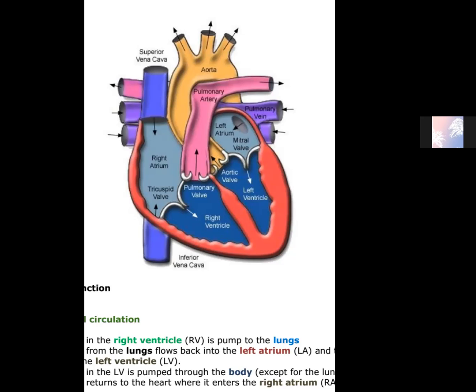Between the left atrium and left ventricle is the mitral valve, or bicuspid valve. Pulmonary veins are connected to the left atrium, the aorta to the left ventricle, the pulmonary artery to the right ventricle, and the superior and inferior vena cava to the right atrium.